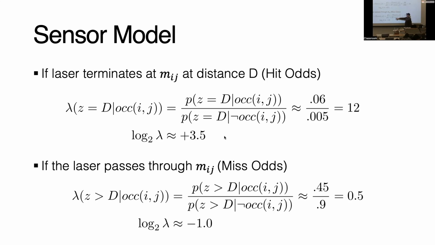And we can just choose some value to increase or decrease the log odds based on how well the robot performs in making a map, okay? And so in effect, these are just tuning parameters for our mapping system.